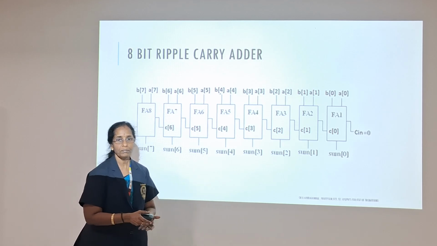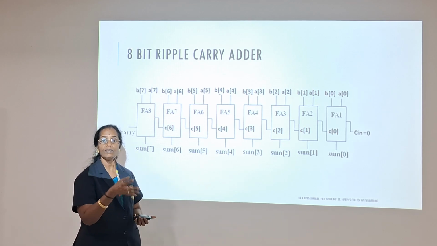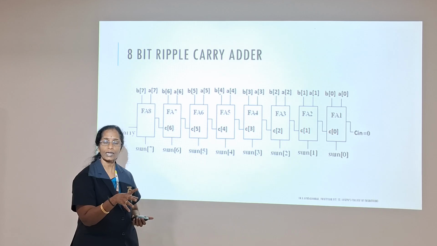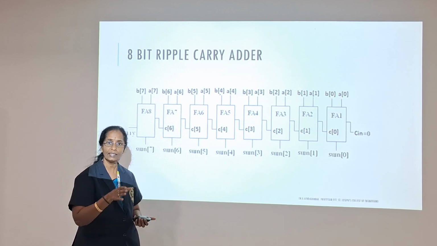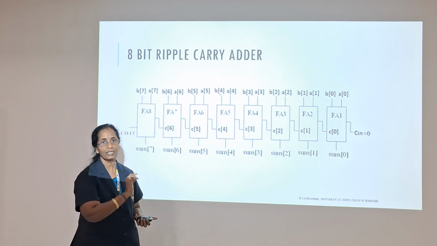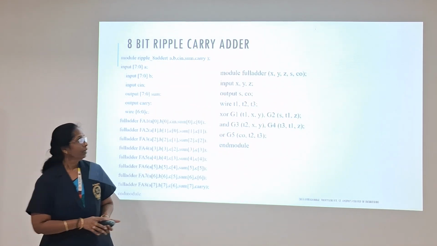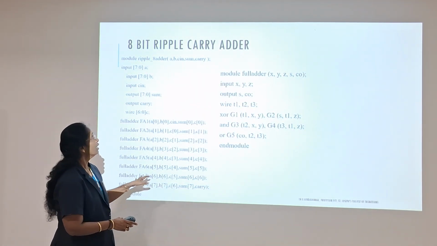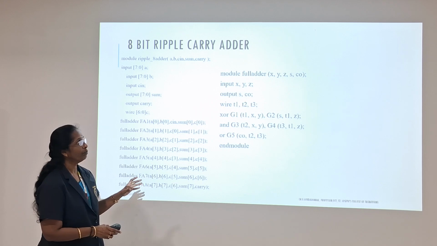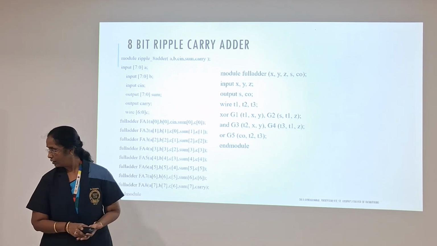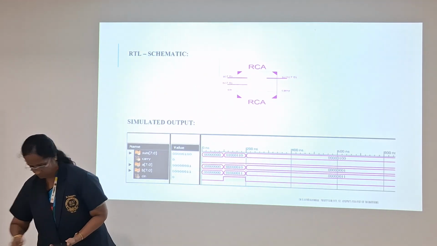Okay. So let me explain the hardware description language, how we are applying this HDL, and how we are writing the Verilog code for this ripple carry adder circuit. While explaining this, I am going to tell a very important thing called instantiation.